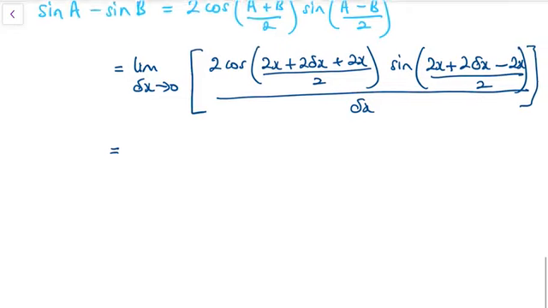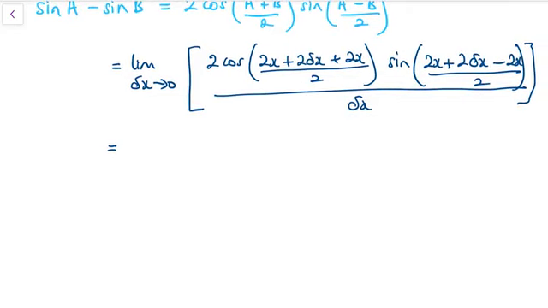We can now start to simplify this a little bit. We've still got the limit as delta x tends to 0 of the following. We've got the 2 cos, here we go. Now let's go ahead and simplify this bracket a bit. We've got 2's everywhere, so we can cancel the 2's. That 2 will cancel with that one, and that one, and what we'll be left with is 2x plus delta x.